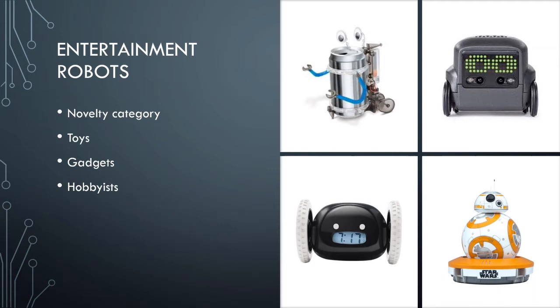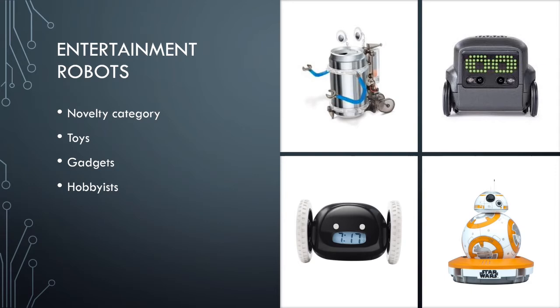And then we come to the entertainment robot category. You might have seen some of these little gadgets, or you can think of dozens and dozens of other little robotic gadgets that you've seen. There's the novelty category of things that aren't really necessary, but are just fun to have, like maybe a robotic alarm clock. Toys are a great example. It's a very common one.